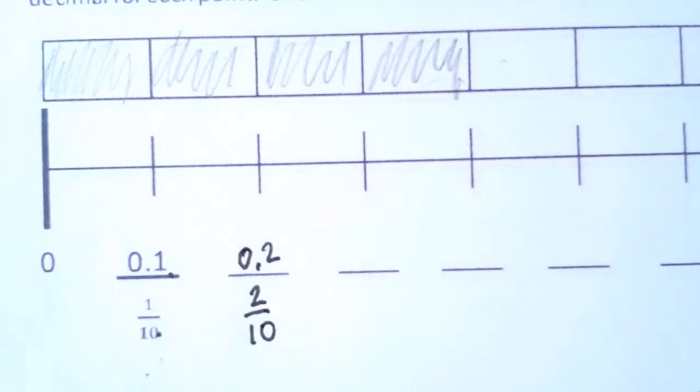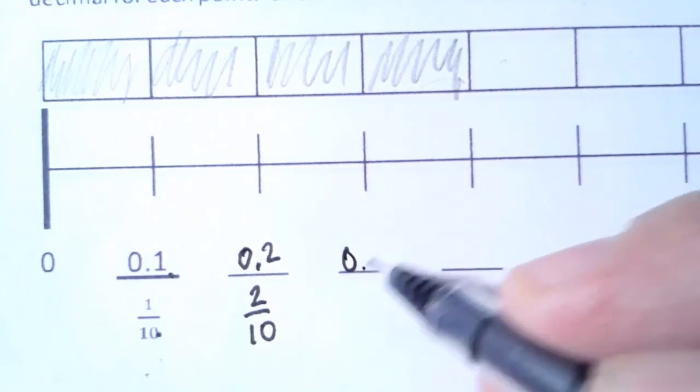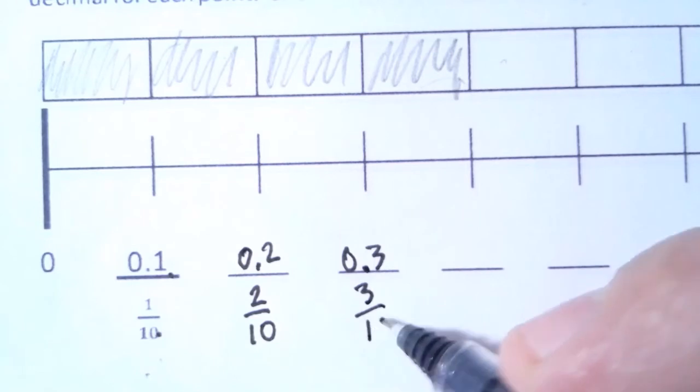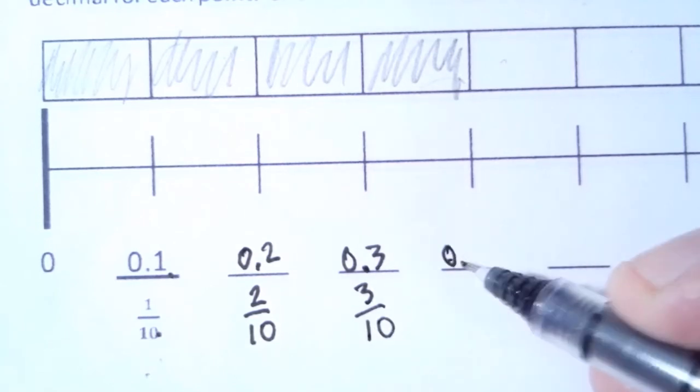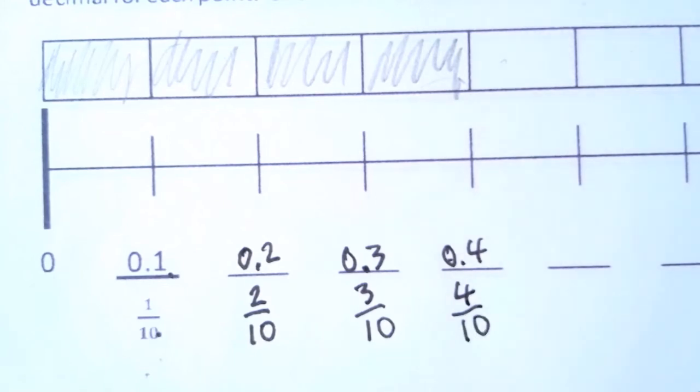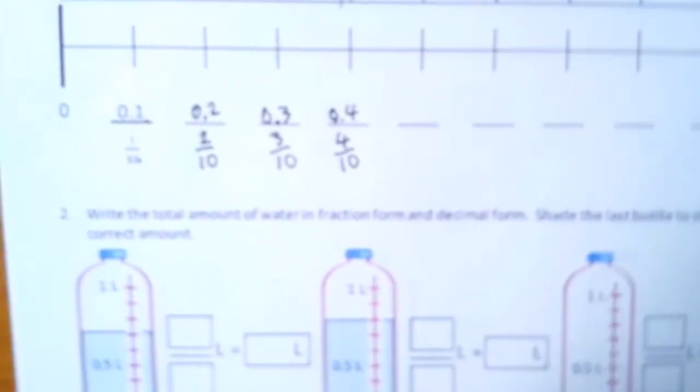Get used to saying that when you see that decimal, 2/10. The next one, of course, is 0.3, or we say 3/10. The next one is 0.4, or we say 4/10. All right, let's explore the rest of this number line. As you might imagine by now, the rest of it follows pretty easily.